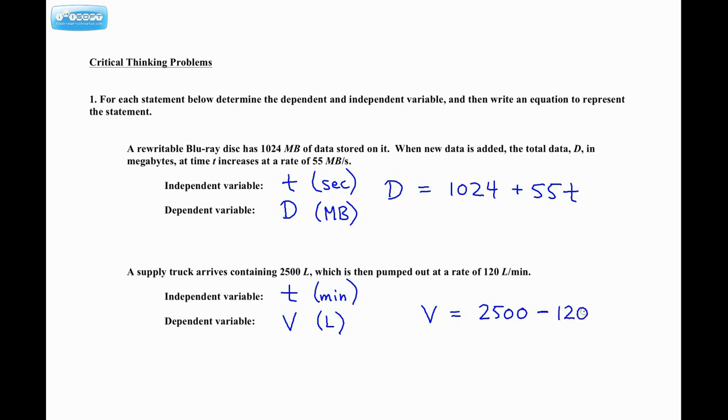So if we multiply that number by however many minutes, this term here alone will tell us the volume of water that has been pumped out. So 2,500 liters minus 120 liters per minute times the number of minutes, that will give us the volume of water, or whatever substance it is, in the truck at any given time.